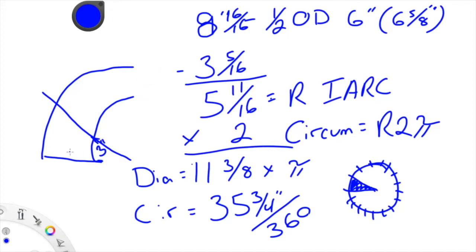Now we're going to figure out the center. We want to know how long this arc length is. Well, we already know 9 inches to the center, so we've already got half of our problem figured out. We don't have to add half an OD or subtract half an OD because we're looking for the center, and that 9 inches puts us at center.